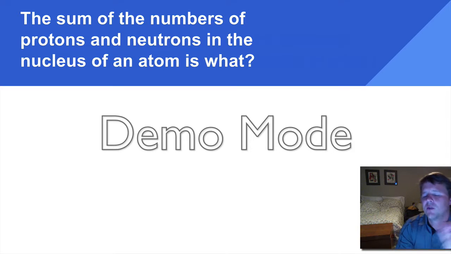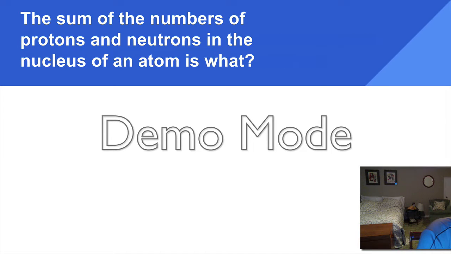And that's what's included on the periodic table. The atomic mass. Like for instance, let's see. Oxygen has an atomic number of 8 and an atomic mass of 16, meaning it's got 8 protons and 8 neutrons.